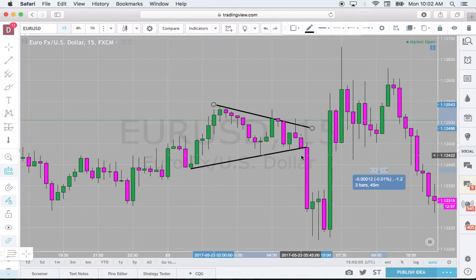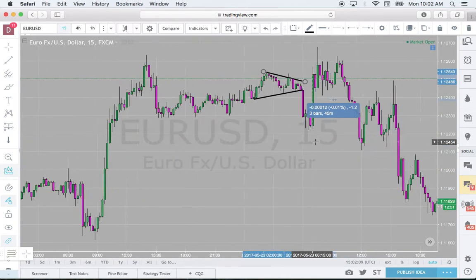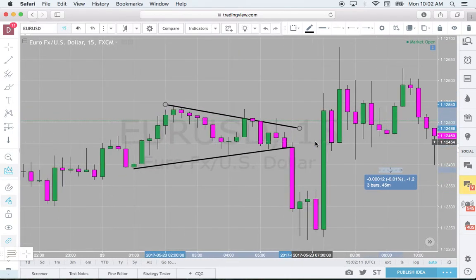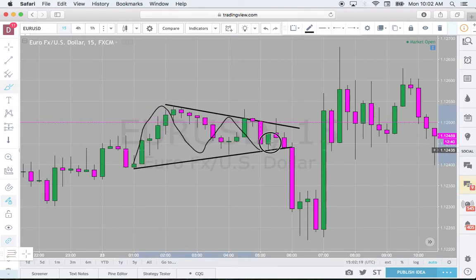So we're taught as retail traders to trade these breakouts of these wedges, but you can clearly see that many times the dealer will create wedges like this just to break out one way as a fake out and then go the complete opposite way.